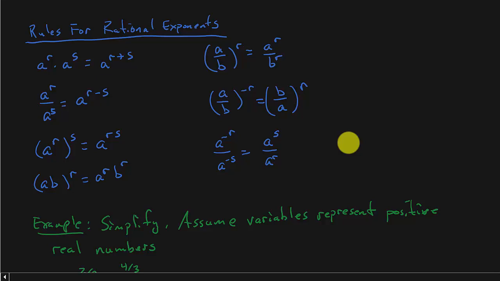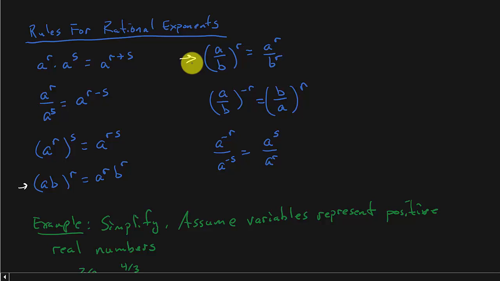Well, it's the same thing. We're multiplying, we have like bases, so we add the exponents. If you're dividing and you have like bases, you subtract the exponents. This, we multiply them. And then this property and this property are pretty much the same.